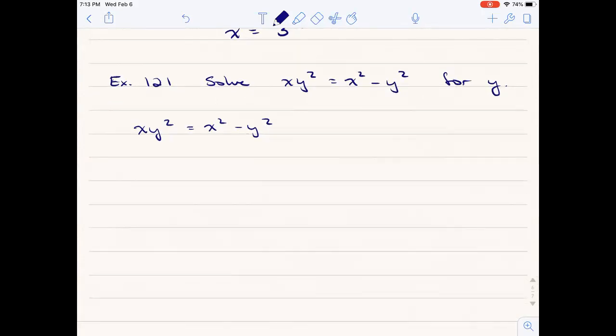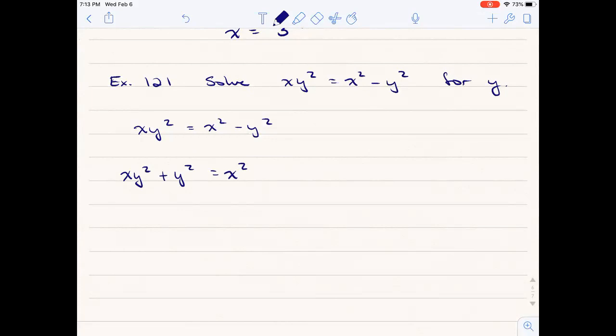I'll move my y's to the left-hand side because I like to have whatever I'm solving for on the left-hand side. Doesn't matter, but it's nice to have some rules. X times y squared plus y squared, just moving the y squared over to the left-hand side.